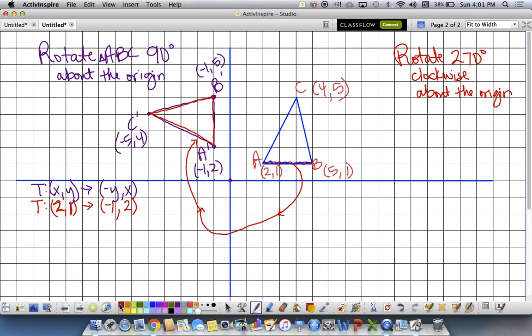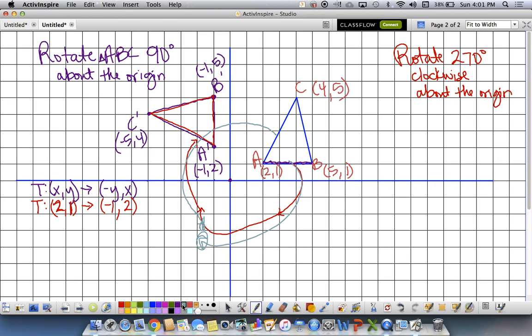Now, 180, it doesn't matter which direction we go, because 180 degrees clockwise lands in this quadrant, quadrant 3, or 180 degrees counterclockwise falls in this exact same quadrant. So 180 degrees, doesn't matter if I turn to the right or turn to the left, I'm still facing the same way. Okay? So the 90 and 270 can just switch.